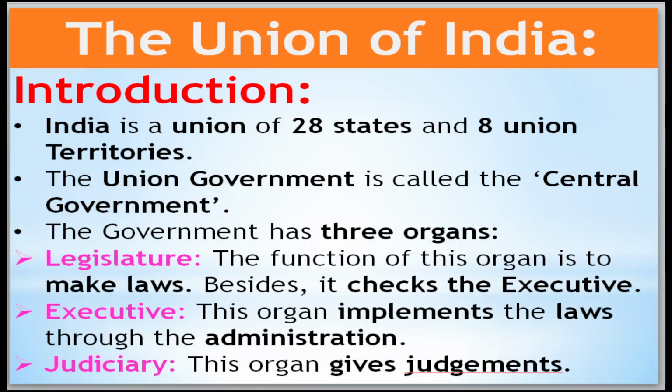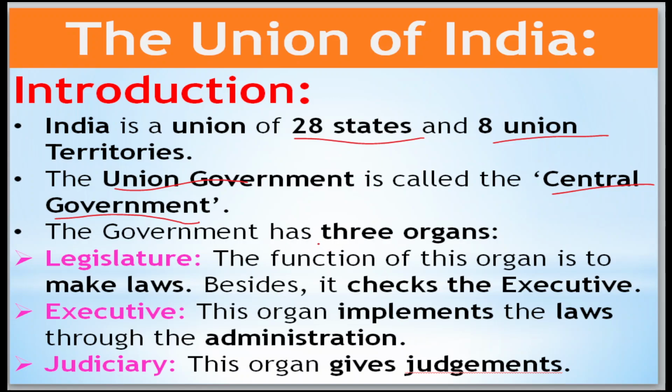First thing you have to remember here: India is a union of 28 states and 8 union territories, and the Union Government is also known as the Central Government. Union Government means the same as Central Government, and Central Government means Union Government.